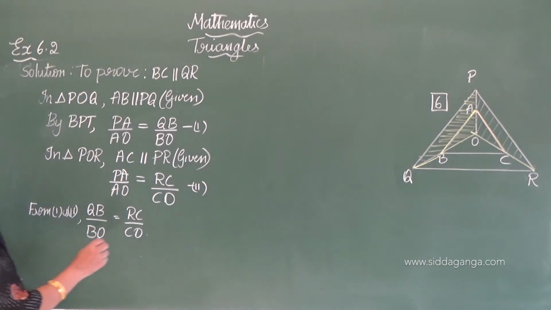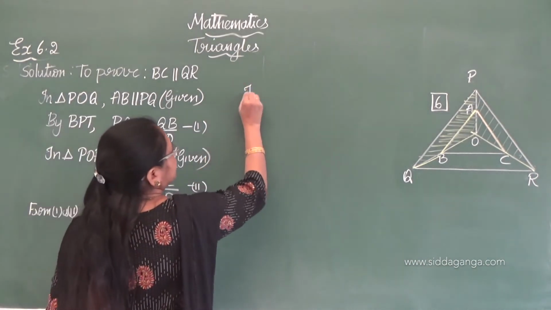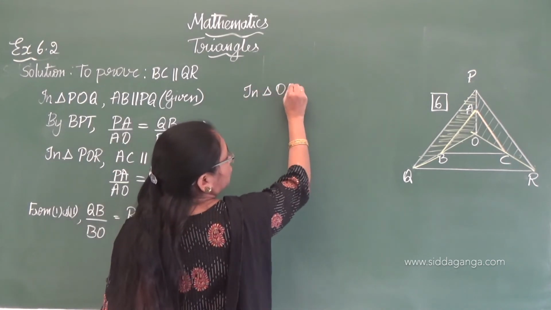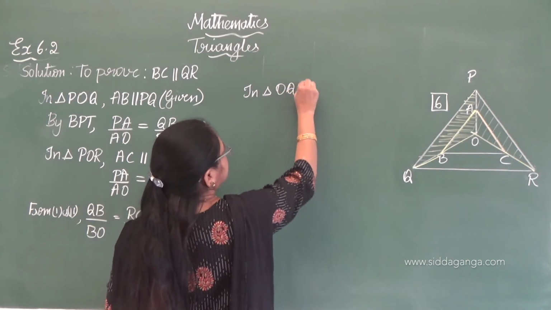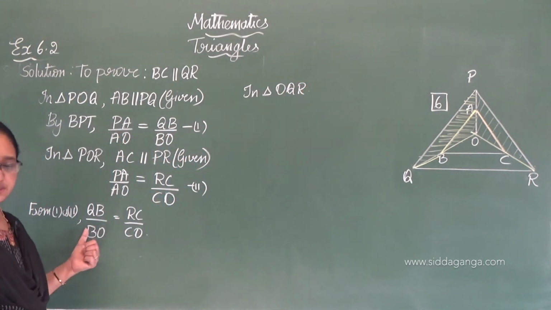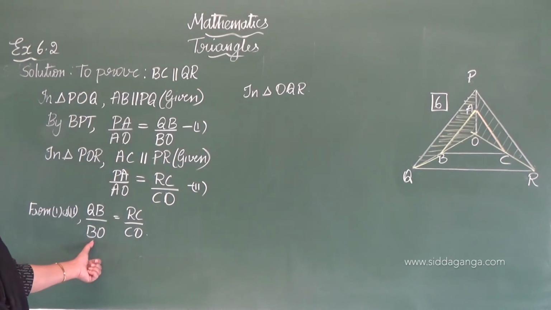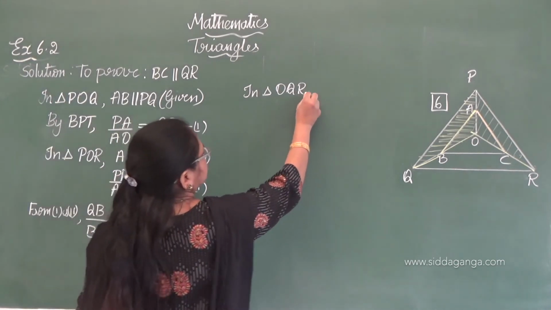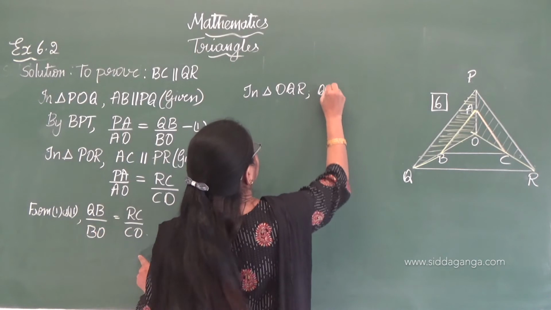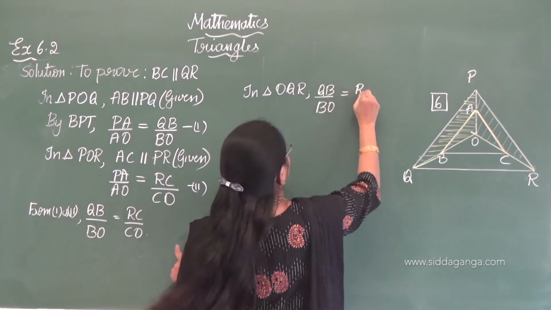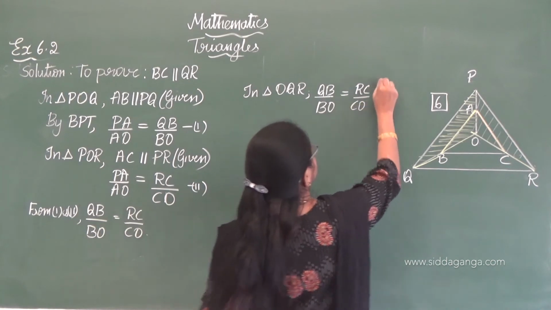So the final result I will write here. In triangle OQR, we got already the result. By using this we can write in triangle OQR, QB by BO is equal to RC by CO. This is proved.